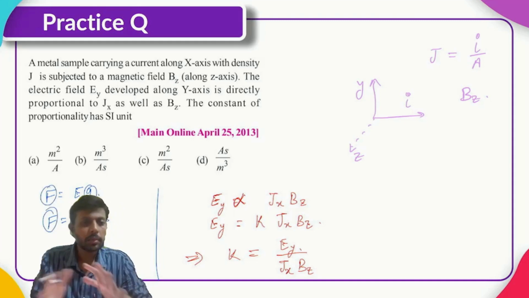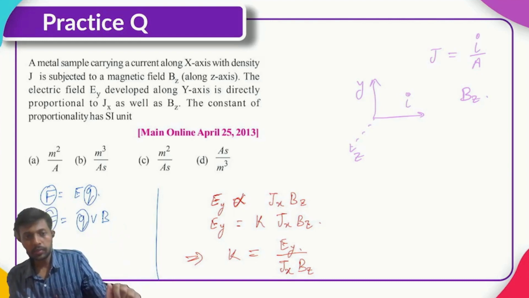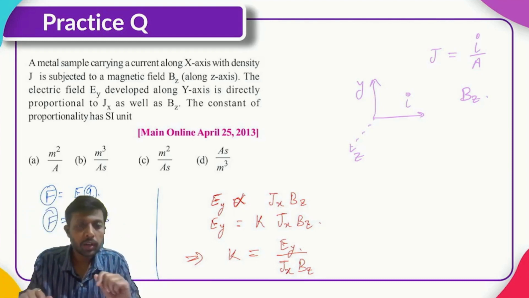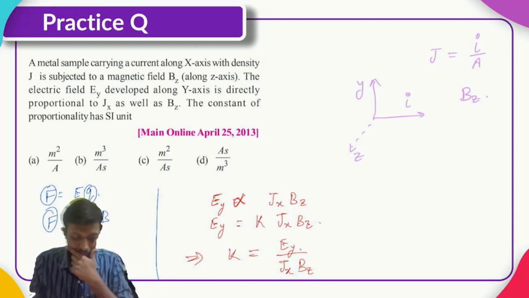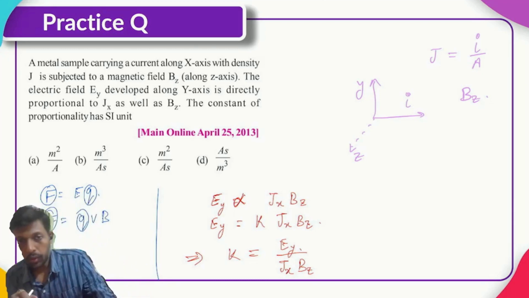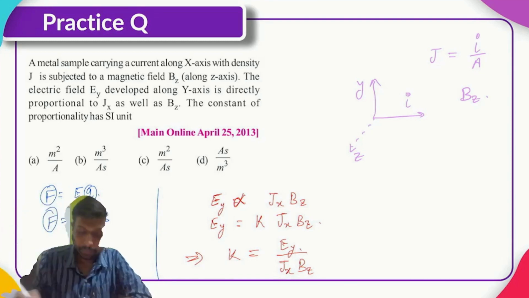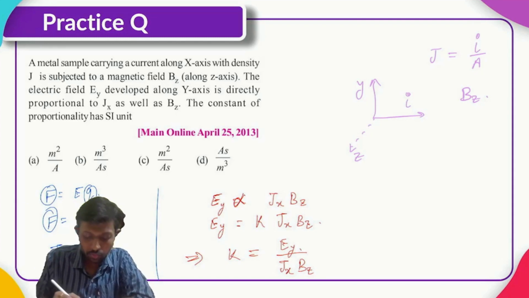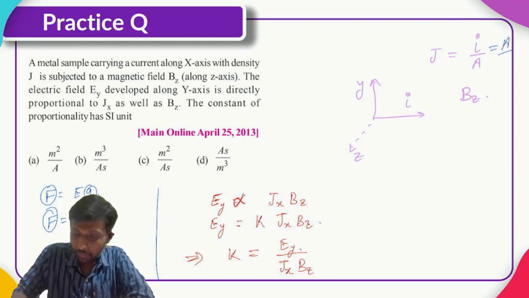So it will be easier for us to cancel these out. So F equal to EQ and F is equal to QVB. And the unit of J, we already know, ampere upon meter square.